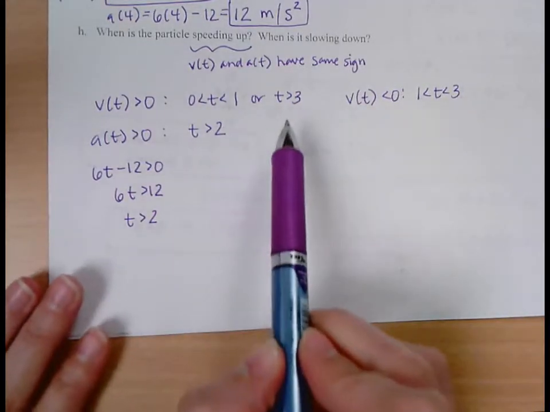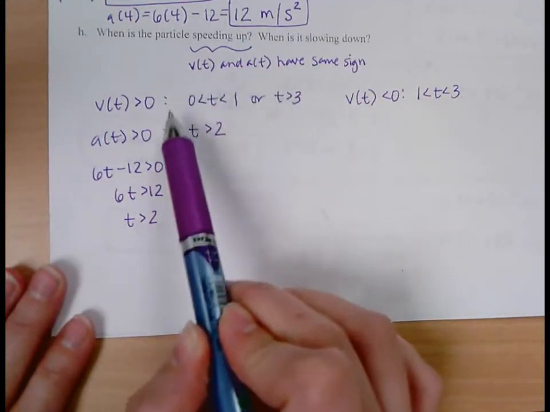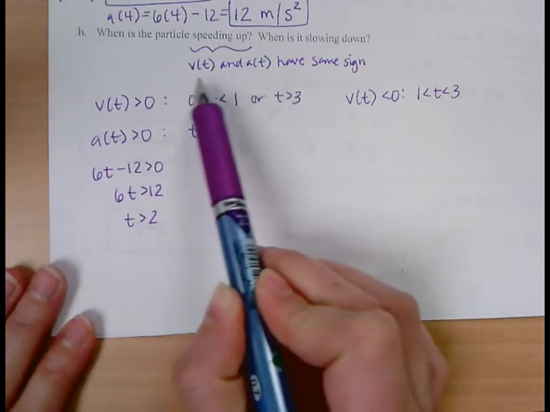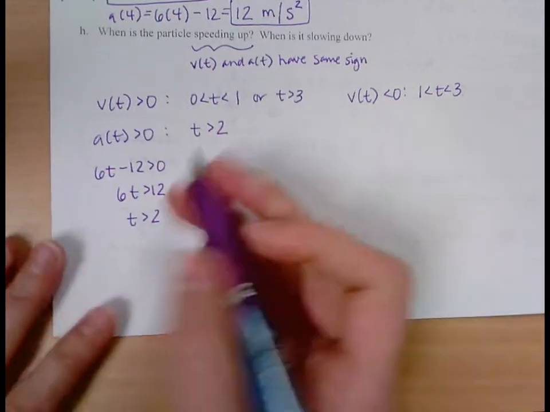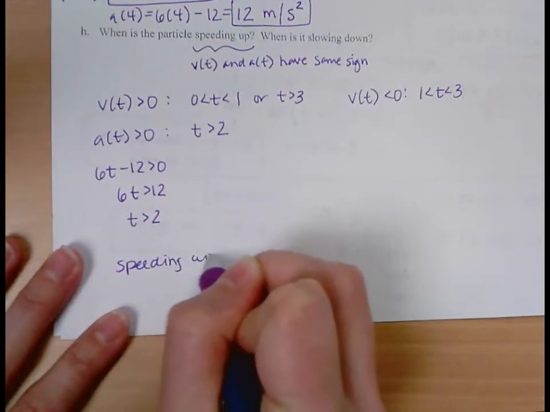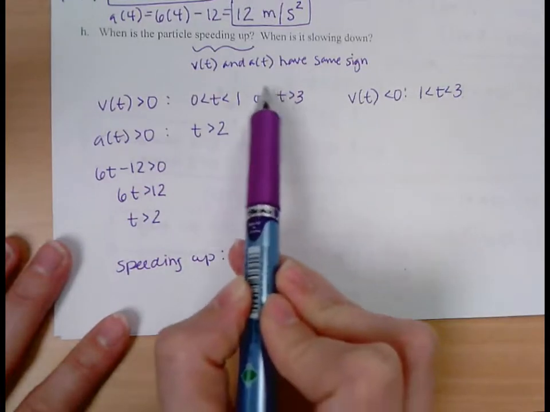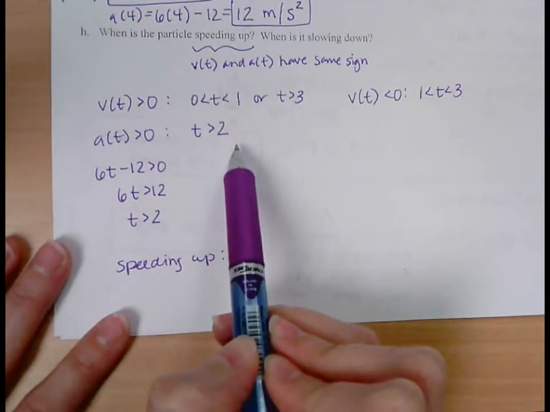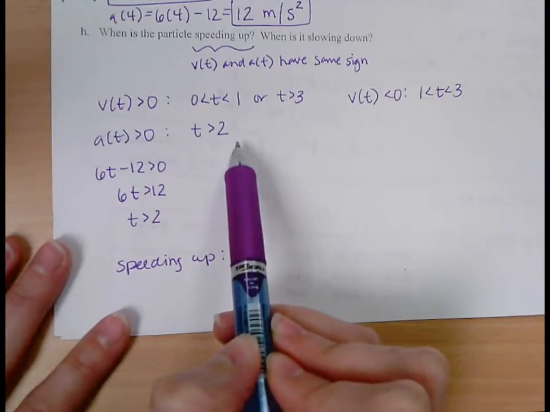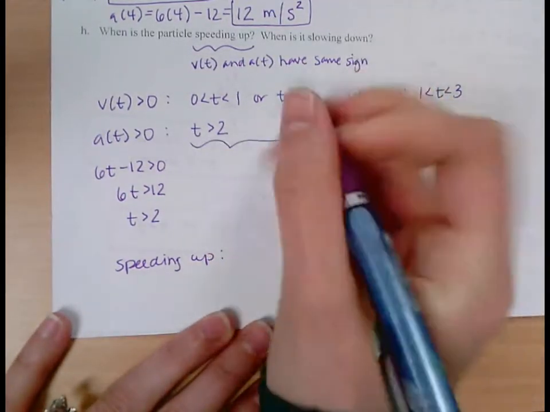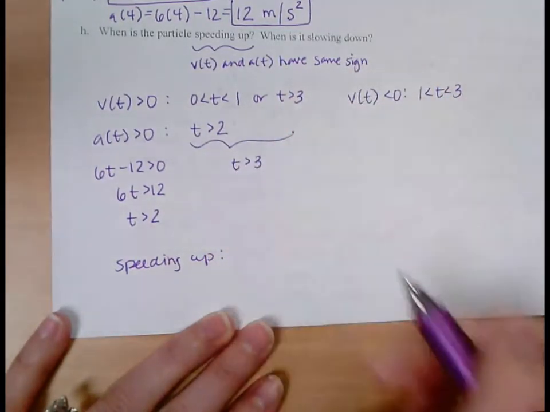So knowing that, we have to find the intersection of these intervals to know when both are positive. So I'm going to make a note here. I'll put speeding up. So what is the overlap of these intervals where both velocity and acceleration are positive? When t is greater than 3, they're both positive. So we know it's going to be speeding up when t is greater than 3.